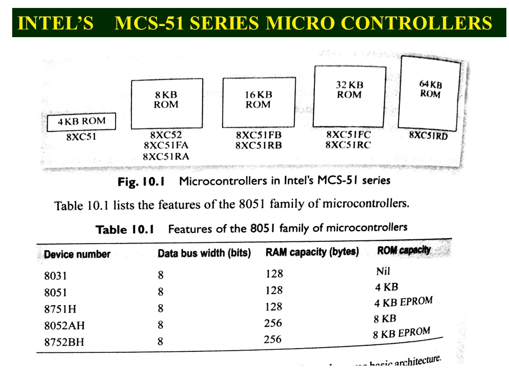Now see the first one, 8031. It's the first Intel microcontroller, implemented with a data bus size of 8 bits and internal RAM of 128 bytes, not bits.